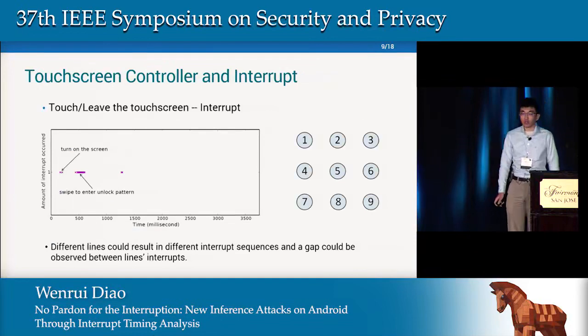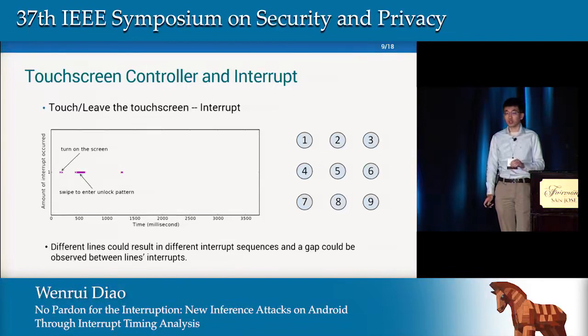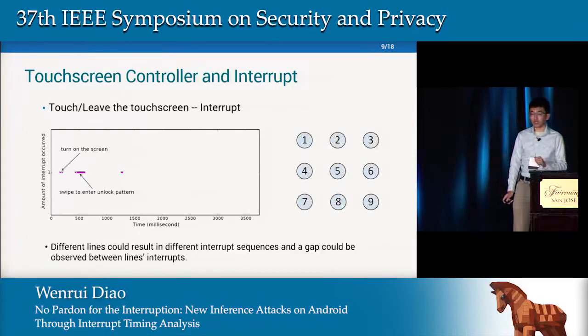When the user's finger touches and leaves the screen, a sequence of interrupts will occur. In the course of drawing an unlock pattern, different lines could result in different interrupts, and a gap could be observed between line interrupts.